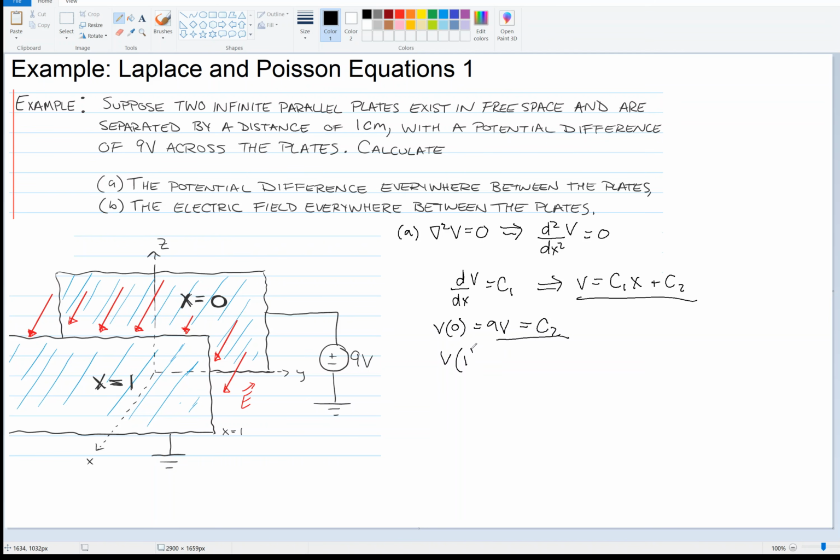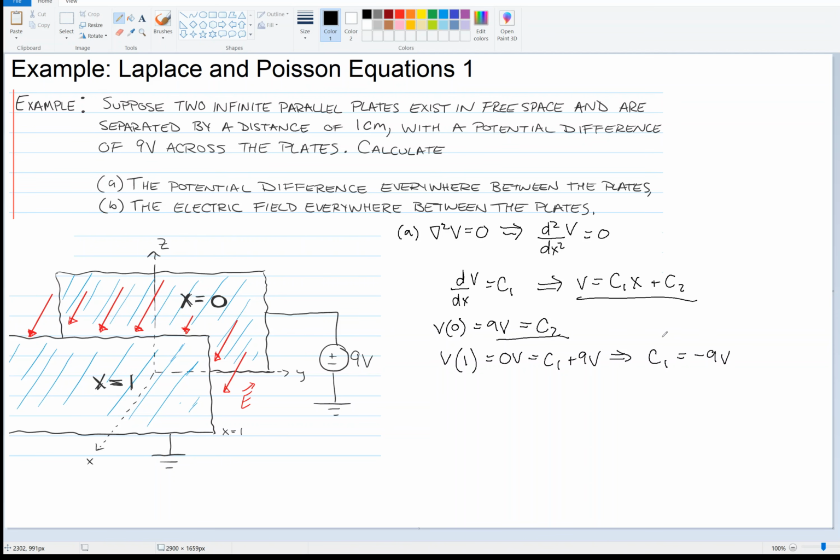So now I've got C2, and then I plug in the other boundary condition at 1 centimeter. I'm just going to keep in mind that this is in centimeters. V of 1 should give me 0 volts, right? And so when I plug in 1 here, I've got C1 plus C2, and C2 is 9. So that must mean that C1 is minus 9 volts.